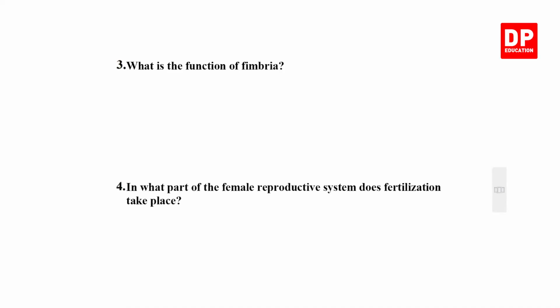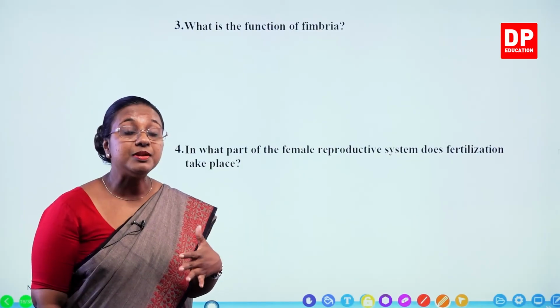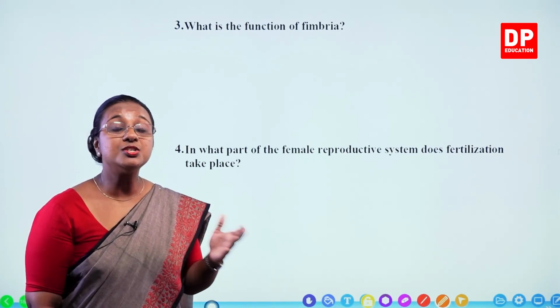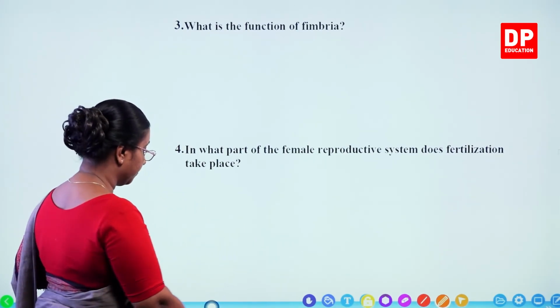What is the function of fimbria? When the fimbria move, the ovum is directed to, or transferred into, the fallopian tube.